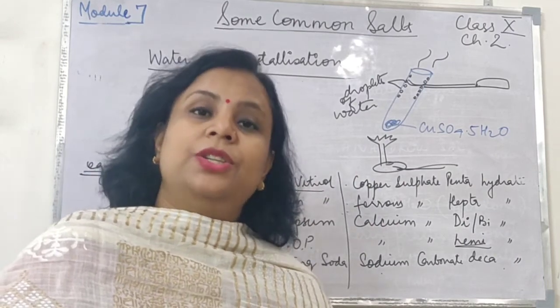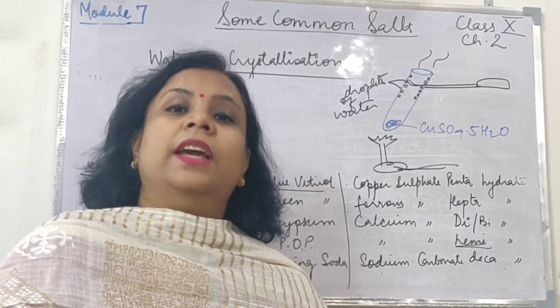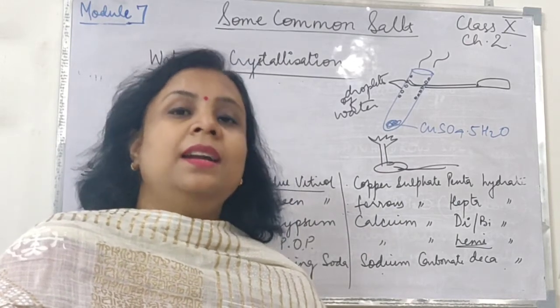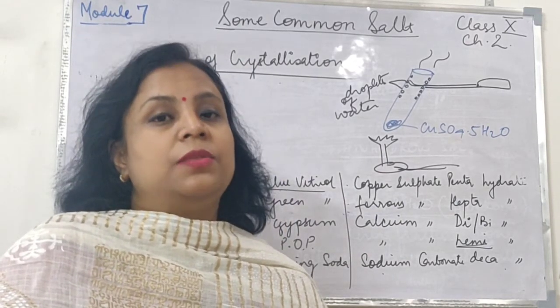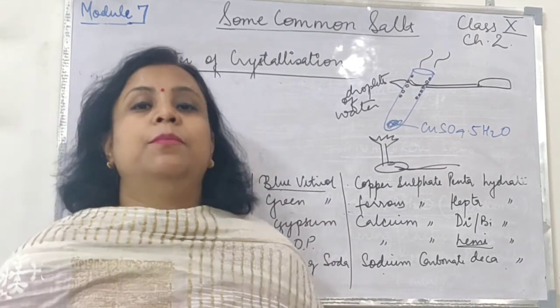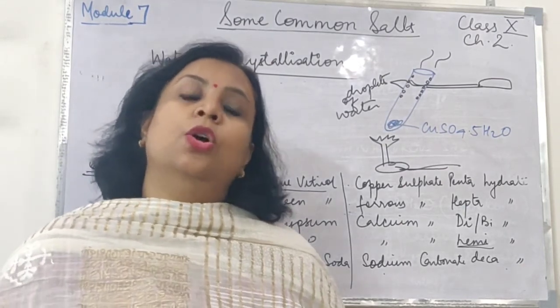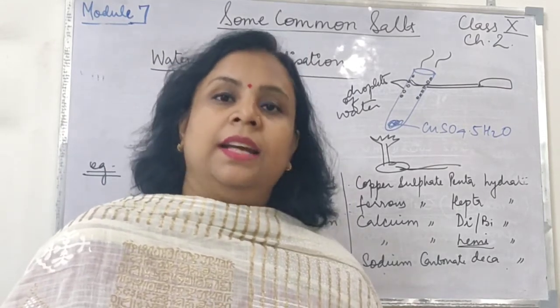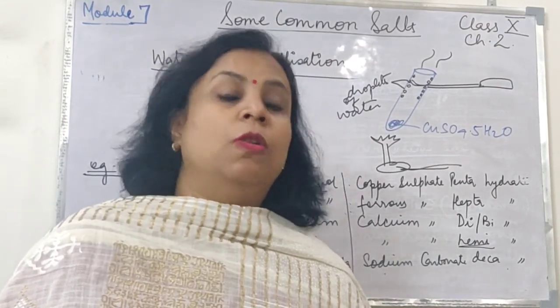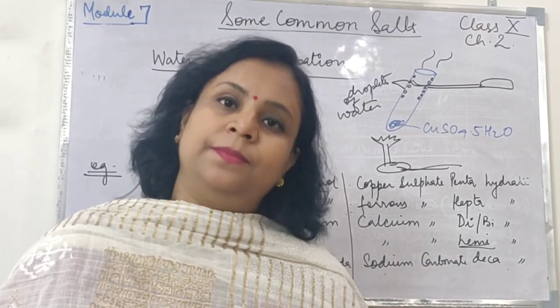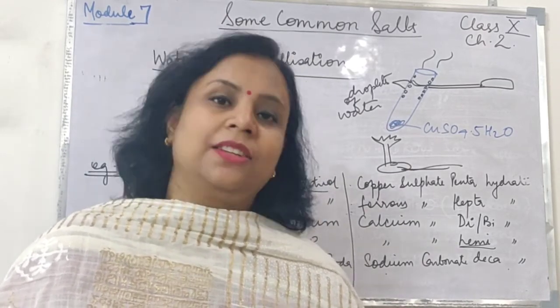Children, I request you to be aware of the preparation of all these salts and their uses. It is very, very important from the exam point of view. The uses of these common salts are often asked. And I request you to complete all the exercises given in your NCERT book and practice the reactions well.